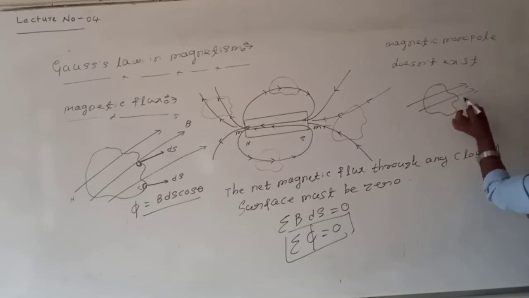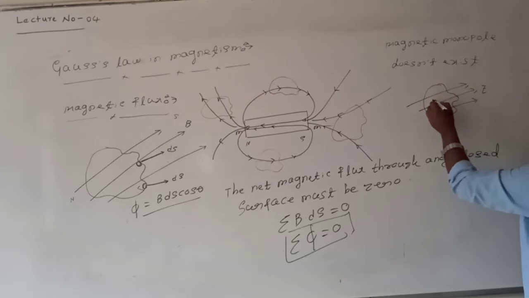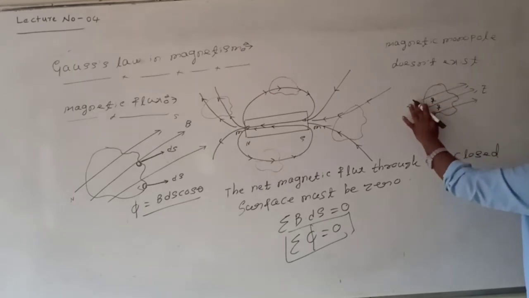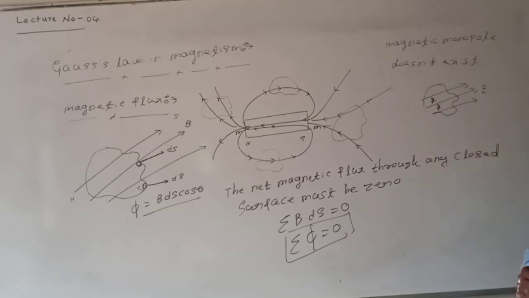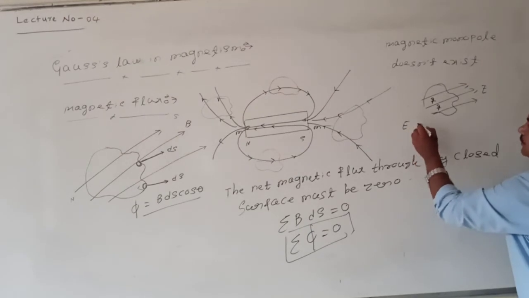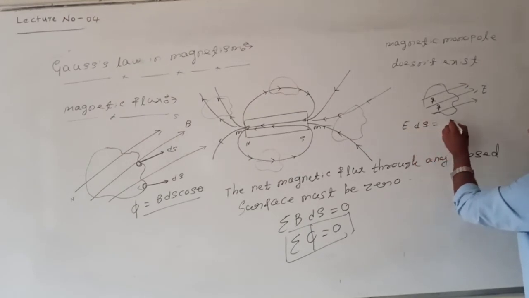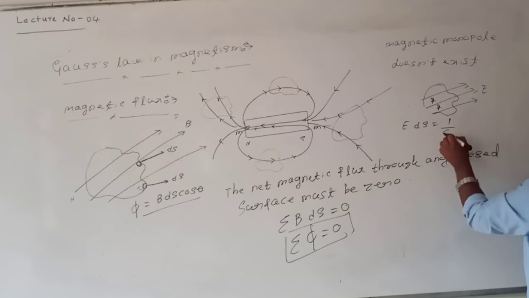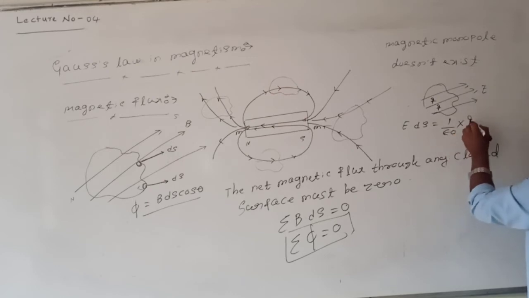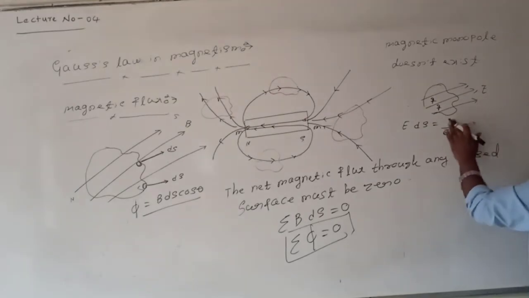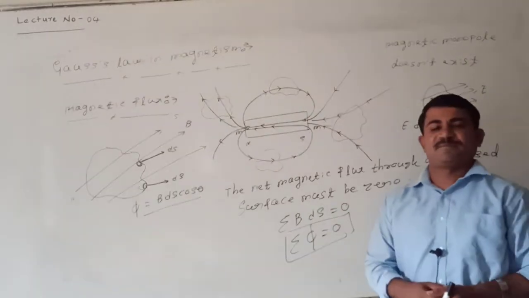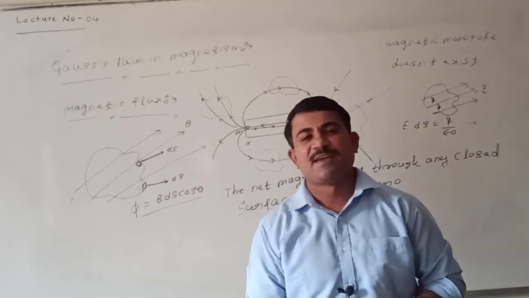Let us take the number of electric field lines passing through it, represented by E, and the charges in this closed surface, let us take Q. According to Gauss law, the total electric flux, the integral of E dot ds, is equal to 1 by epsilon naught times the total charge enclosed by the closed surface, that is Q by epsilon naught. This is nothing but electric flux.